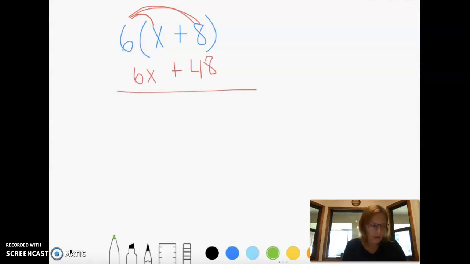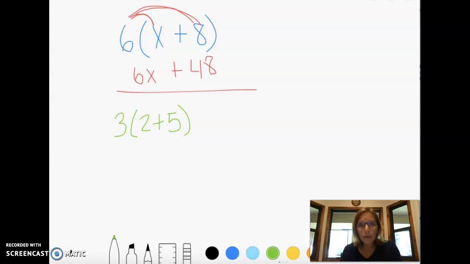Let's try another one. We could have all numbers on the inside of our parentheses. Sometimes that happens. And if that does happen, you can certainly use order of operations and do the parentheses first, or you can use the distributive property and do what we just did on the last problem.